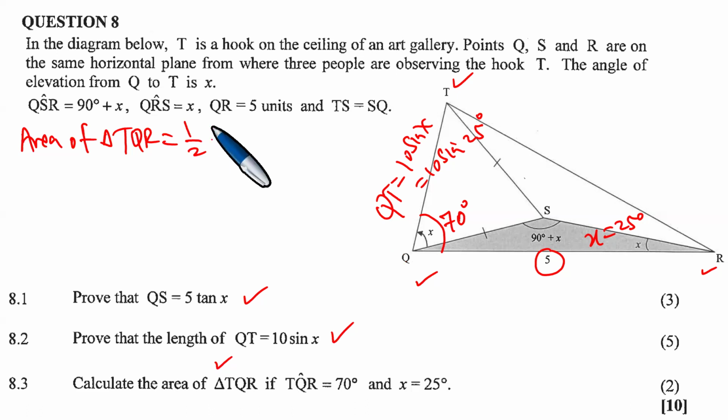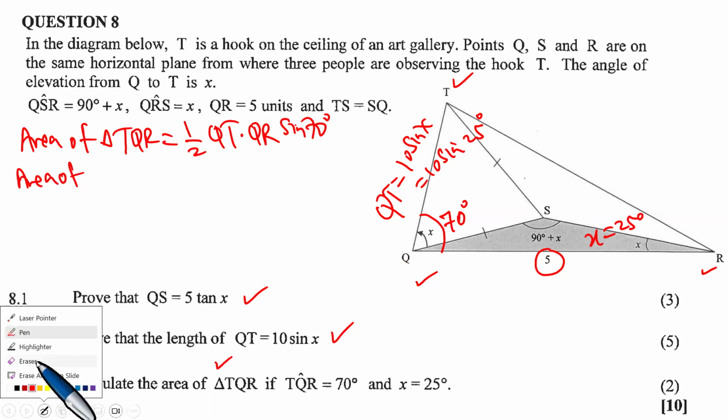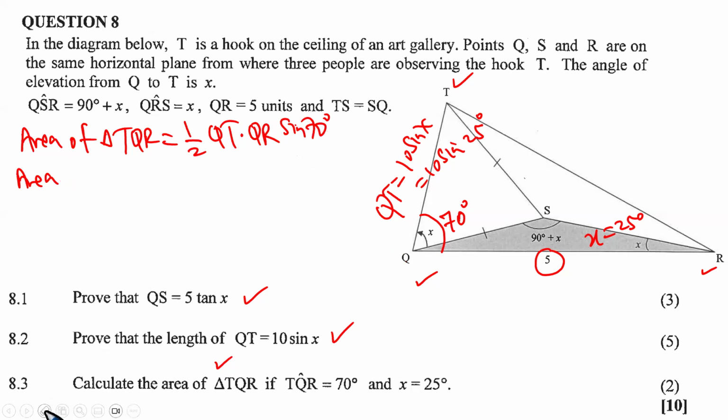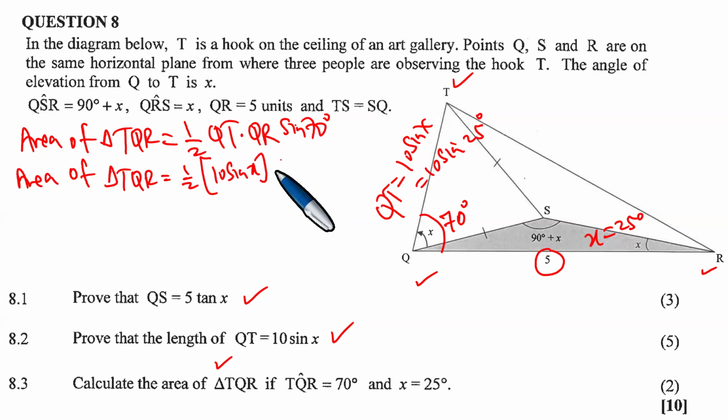Adjacent sides are QT and QR, and the included angle is 70. So the area of triangle TQR is half times QT, where QT is 10 sine X, times QR, which is 5.